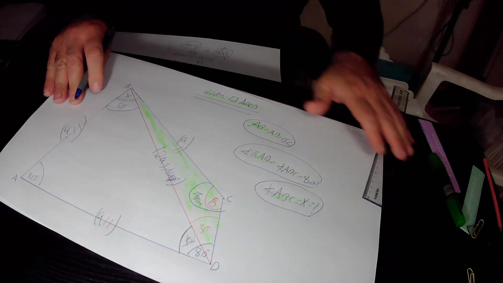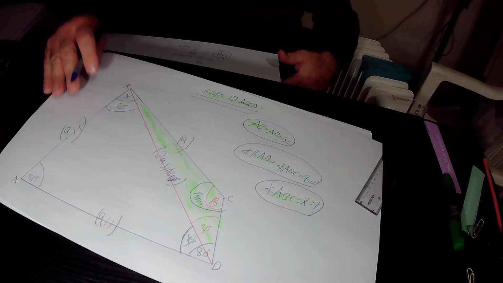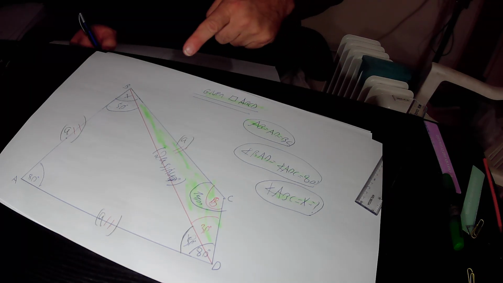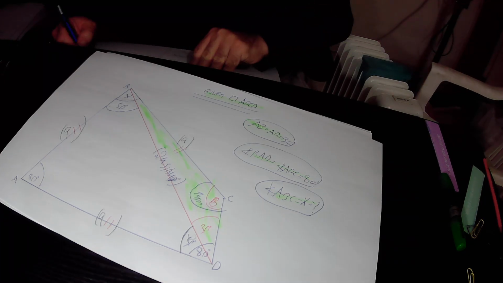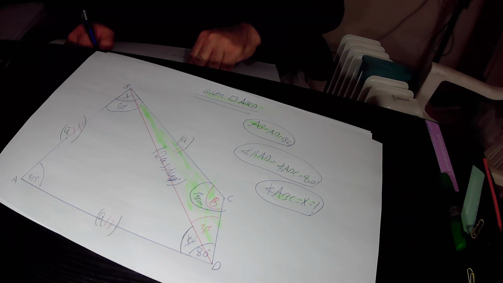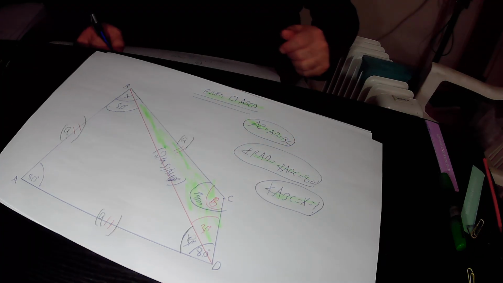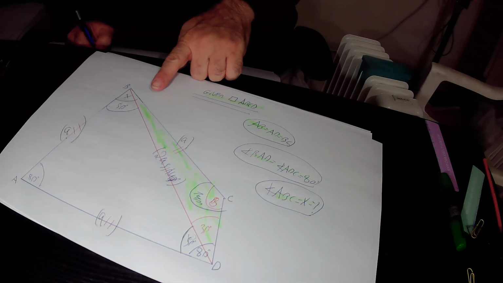In this green upper triangle BCD, the sum of the angles must be equal to 180 degrees. Which angles do we have here in this upper green triangle BCD? We have 30 degrees plus 140 degrees plus this third missing angle, DBC.